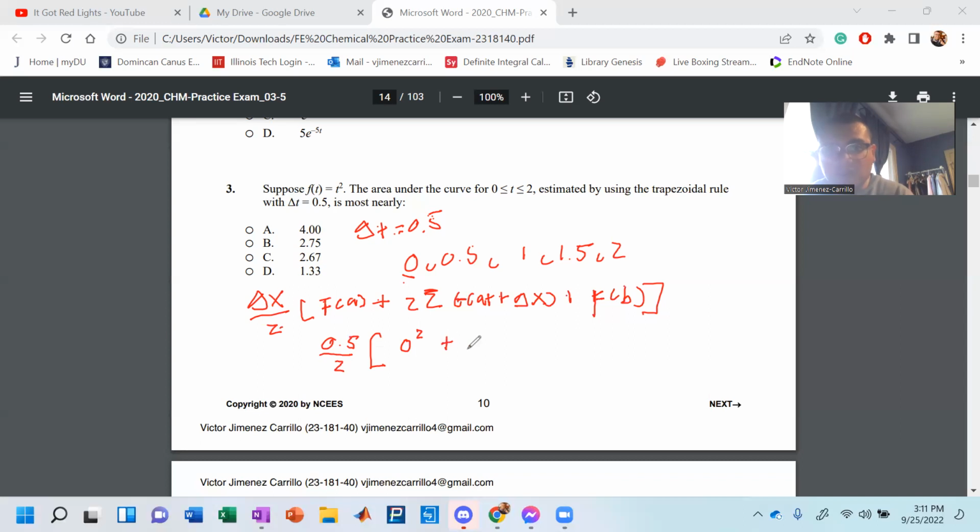Then we do every term in the middle, which is 2 multiplied by 0.5 to the power of 2, plus 2 times 1 to the power of 2, plus 2 multiplied by 1.5 to the power of 2. And then finally, f of b is just the last term in your whole set, which is 2 to the power of 2. You plug that into any calculator and you get an answer of 2.75, and then your answer is just going to be B.